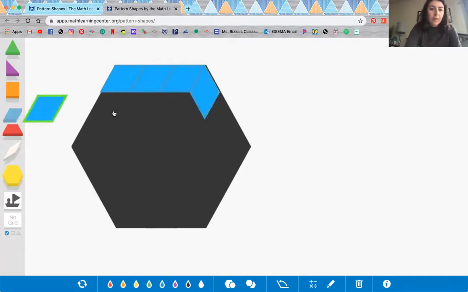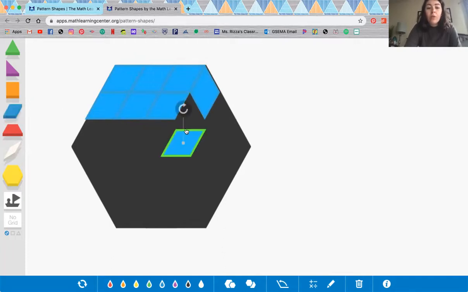It's okay. A little bit like that is fine. So I'm going to keep filling in all my rhombuses, twisting and turning if I need to, in order to fill this shape, this hexagon. And like I did yesterday, I'm going to pause the recording and I will restart it once I've gotten to a point where I'm almost done.